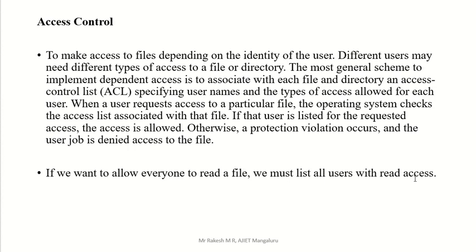This is one example. If we want to allow everyone to write a file, we must list all the users with write access. Another option, if we want to allow everyone to read and write a file, we must list all users with read and write access. This is about access control.